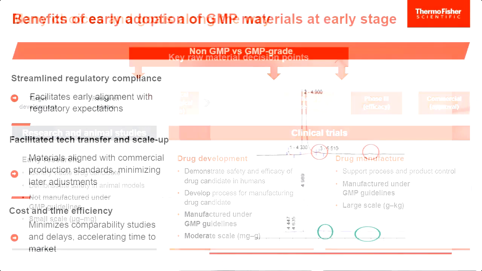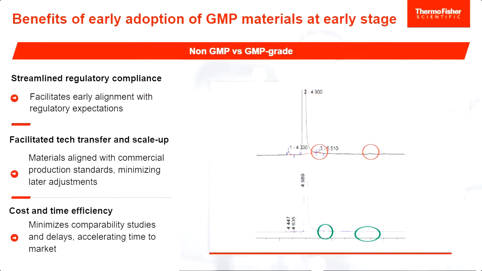One of the most strategic decisions you can make in drug development is the early adoption of GMP-grade materials, especially buffers. By using GMP-compliant buffers from the beginning, you align your process with regulatory expectations, significantly reducing the risk of delays down the line. You also simplify the transfer and scale-up as your materials are already aligned with commercial production standards, reducing rework and revalidation.